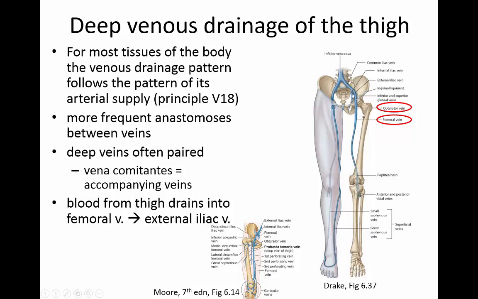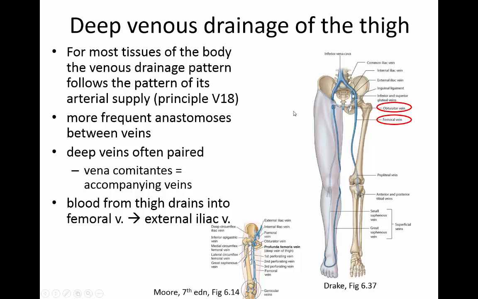Its termination will be when it terminates as the external iliac vein, traveling proximally through that space under the inguinal ligament. We do have more frequent anastomoses, or branching between veins, and we often find that deep veins in the limbs are often paired. We call this vena comitantes, which just means accompanying veins, and they'll often sit either side of a deep artery.